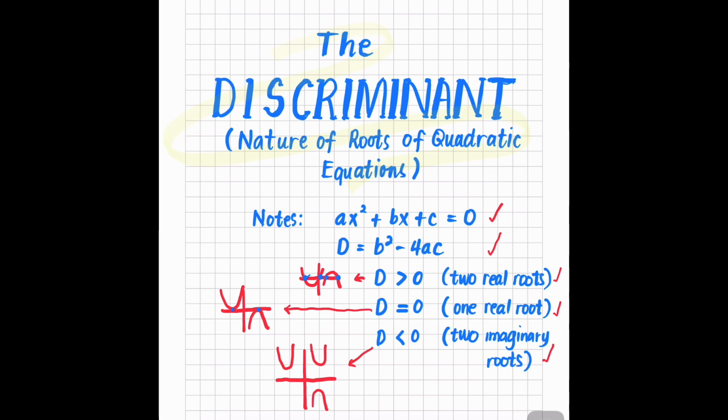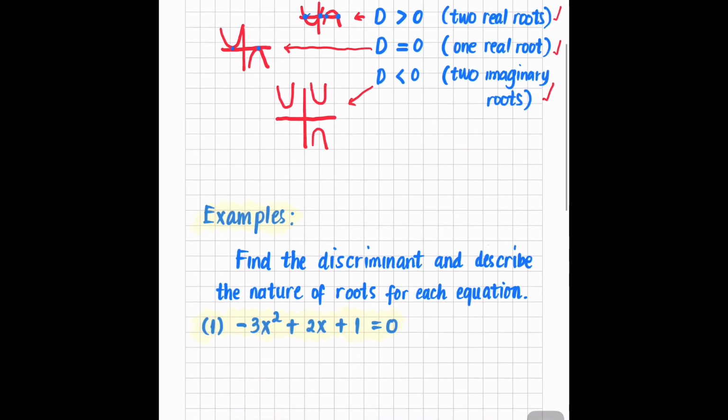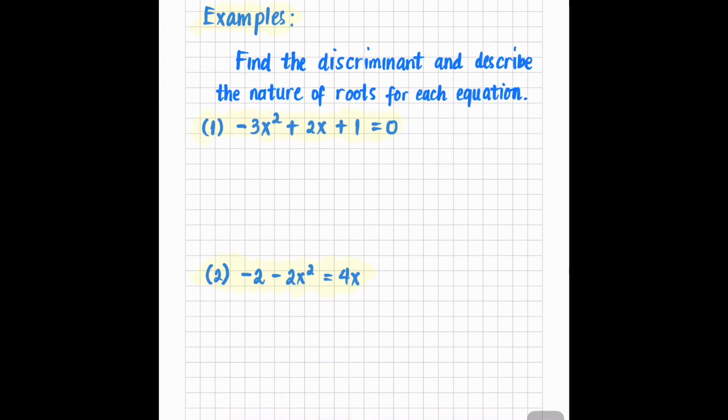To further understand the concept of the discriminant, let's take a look at examples. Example 1. Find the discriminant and describe the nature of roots for each equation. So equation number 1, we were given negative 3x squared plus 2x plus 1 equals 0.